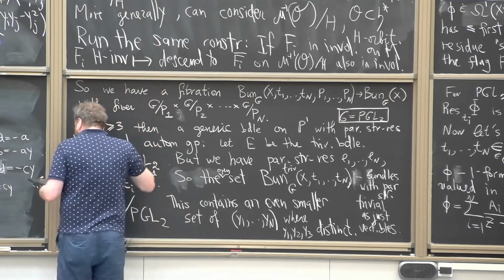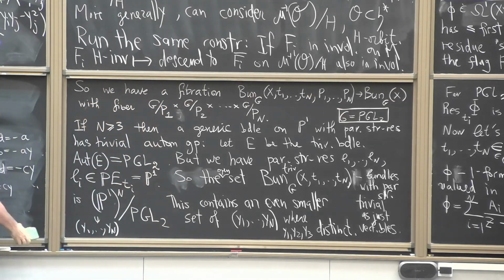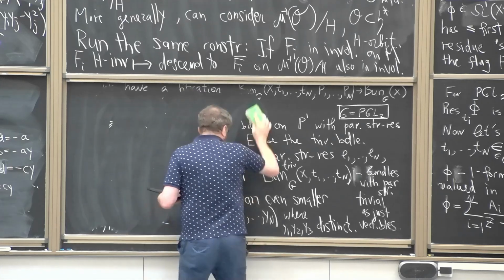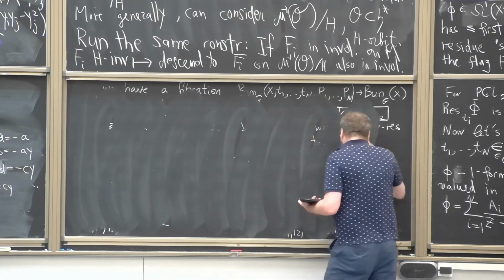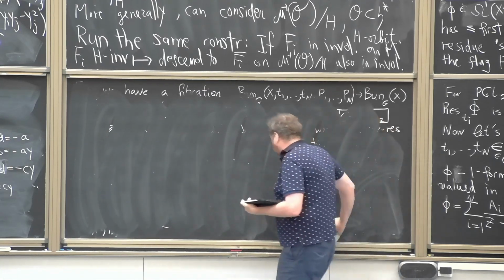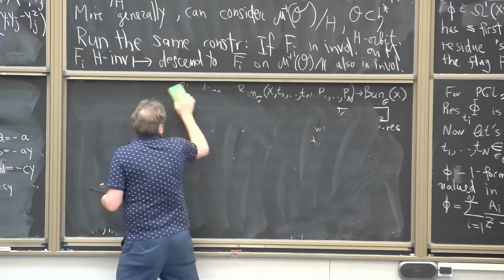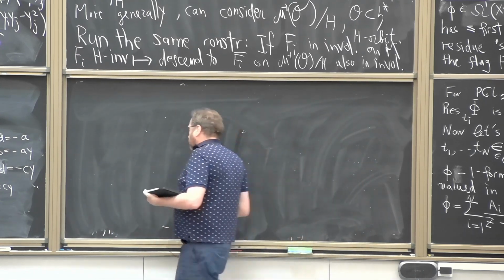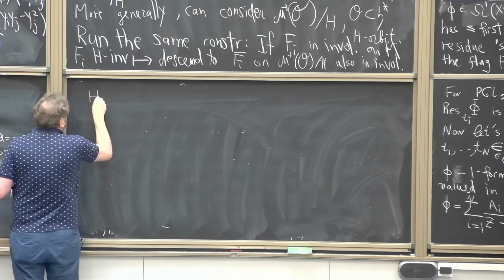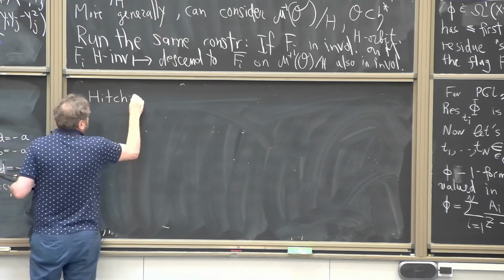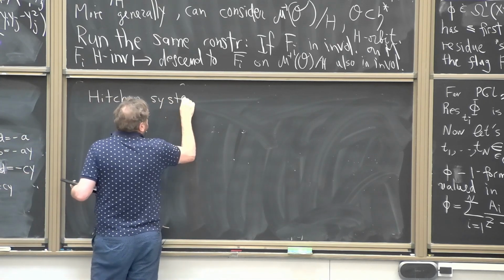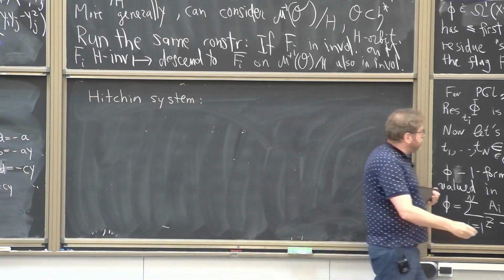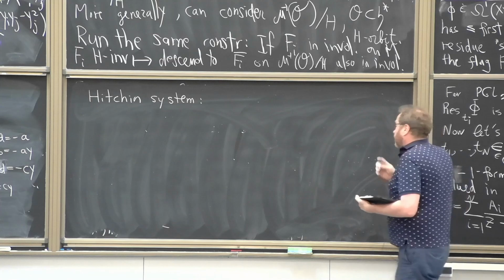We can apply this procedure, and this gives us a more general class of integrable systems, and in particular, we can apply it in the setting of Hitchin systems. So we can do reduction along an orbit.